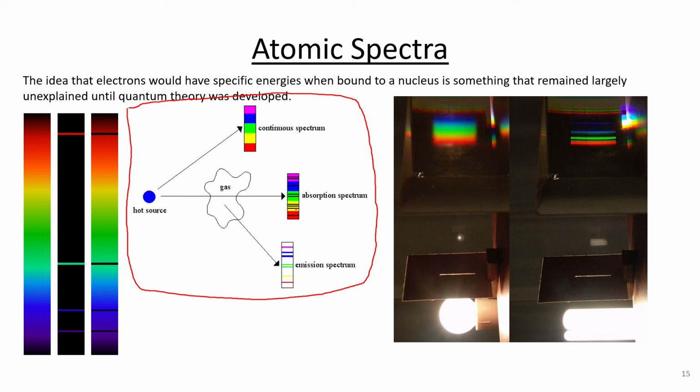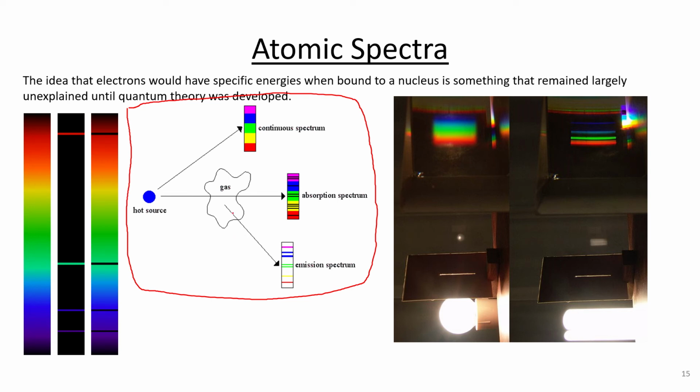So very specific energies. Remember that color is related to frequency, and frequency is related to energy for light. Very specific frequencies, very specific colors, very specific energies at which the gas is absorbing bits and pieces of this continuous spectrum that comes from the hot source.